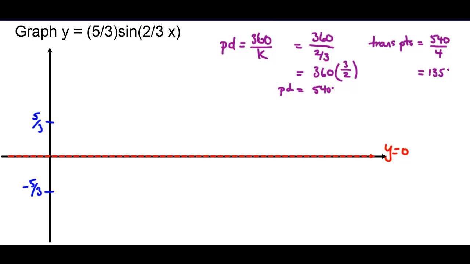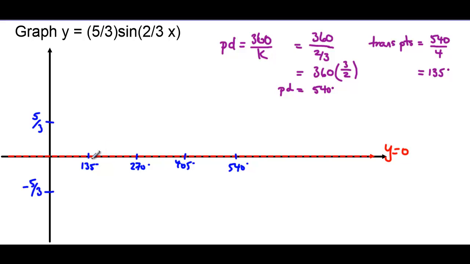On our scale on the x-axis, we're going to put 135 degrees for every key point. 135, 270, 405, and 540. If our period was any different, we could just change the numbers and keep the same scale. Again, graphing this is pretty easy. It's just the numbers on the scale that we need to change.